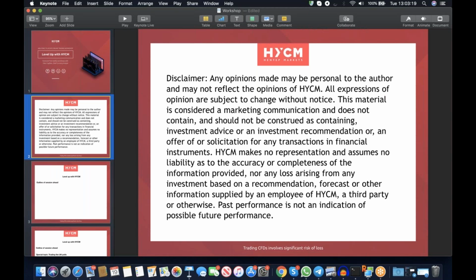Okay, don't forget, during the course of this workshop, one of the new features that I've been doing for a few weeks now is looking at individual trades. So if you've got a trade you're looking at taking, or a trade that you're in, we'll have a time to share that towards the end of the workshop. So, feel free to type any questions in about any trades that you're on.